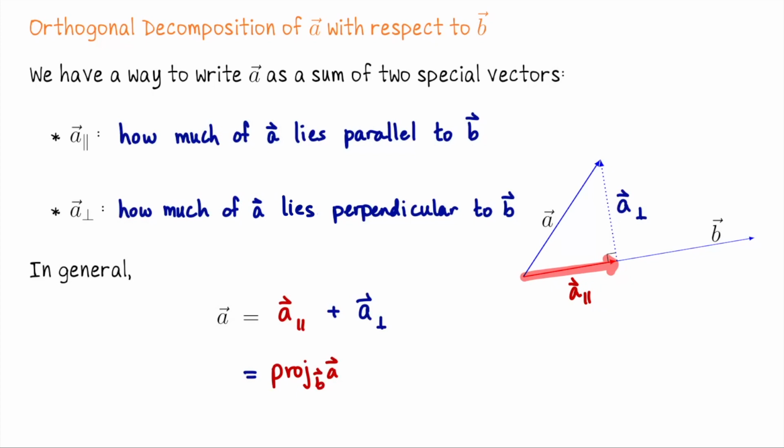We don't have a great standalone formula for A perpendicular, we just recognize that A perpendicular is A minus A parallel. So that means that A perpendicular is A minus A dot B divided by B dot B times B.